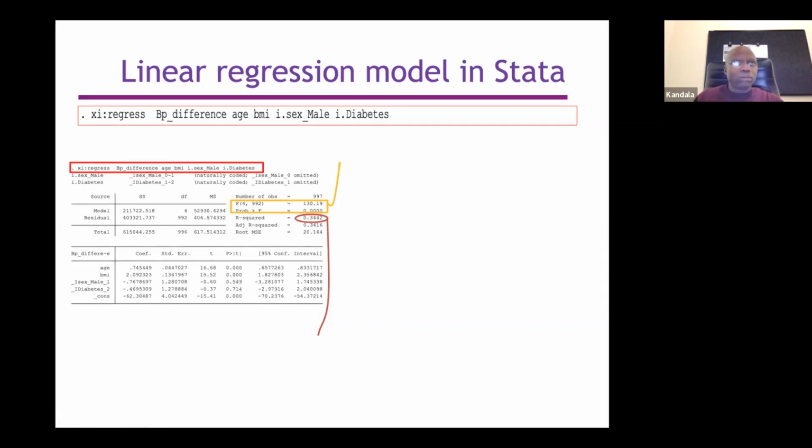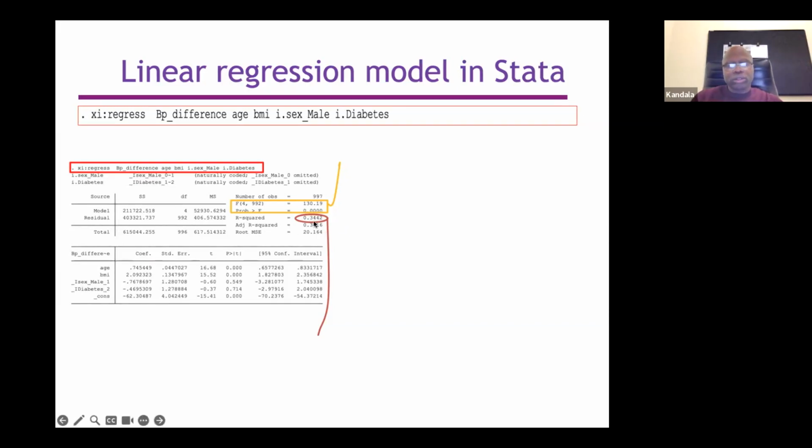So from 17%, we saw that age can only explain 17% of what we see in the blood pressure difference. Now, there has been an increase of R, so the R-square is now increased to 34.